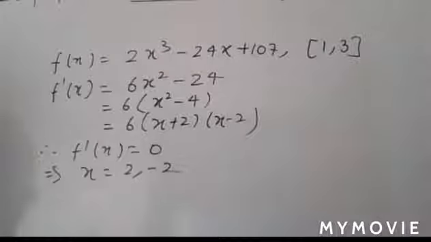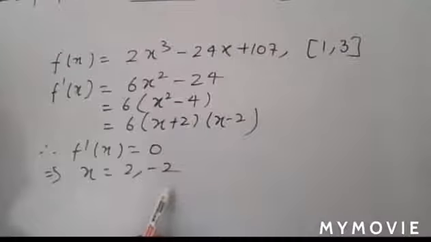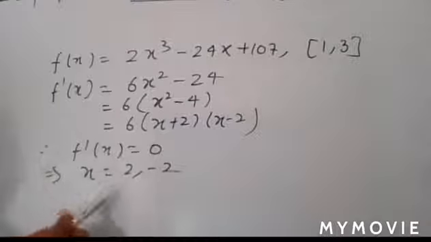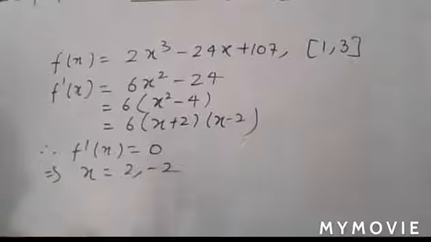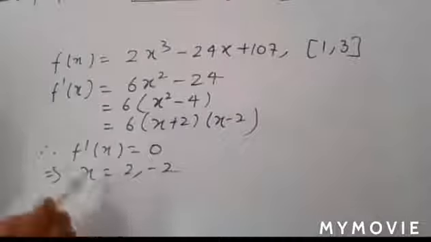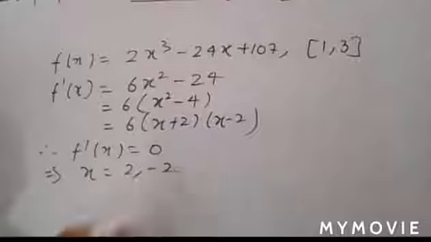You have to take only those values of x which belong to the interval, so -2 is not taken here. Please note that. You only find the value of f(x) corresponding to those values of x which lie within the given interval. So 2 lies within it.